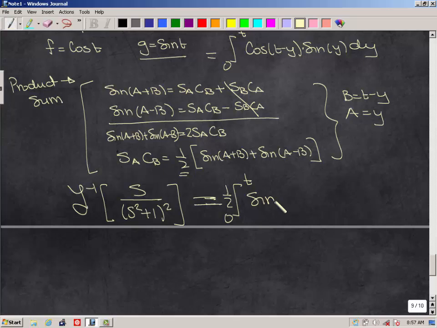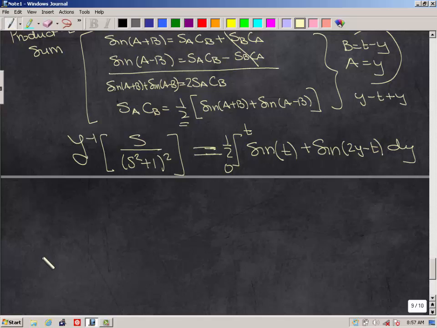We get sine of a plus b. So you add these together, the y's will cancel, so you'll just get t, plus sine of a minus b. So you take y minus t plus y, because you subtract, so you will end up with 2y minus t dy. That's what we'll end up with, because we subtract the y's.